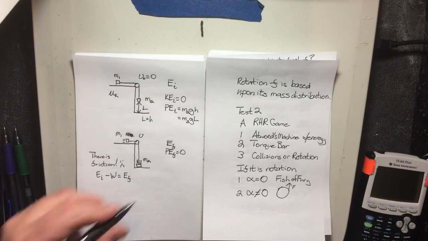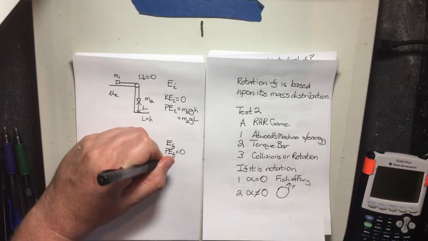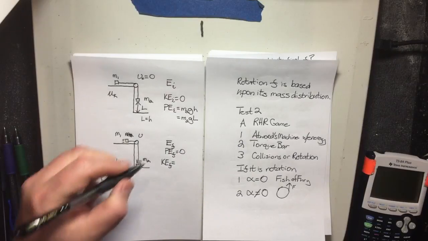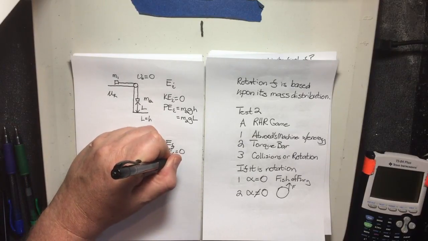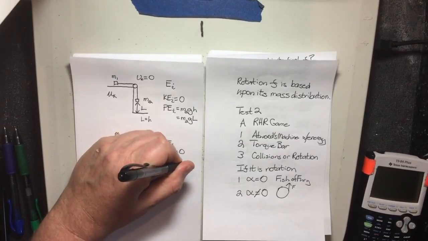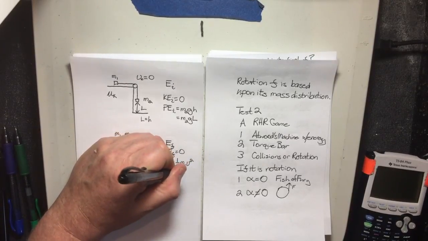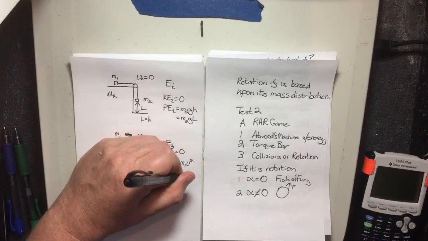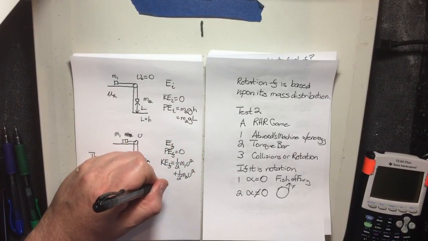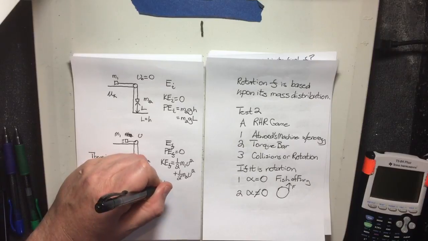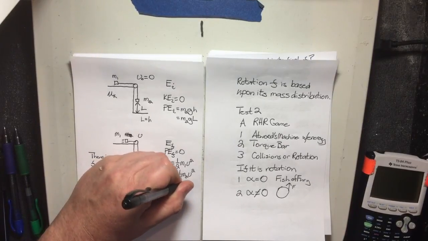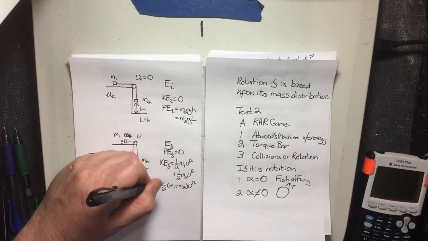So there is none. The kinetic energy final is equal to 1/2 m1 v squared plus 1/2 m2 v squared. Or I could simply write 1/2 (m1 plus m2) v squared.